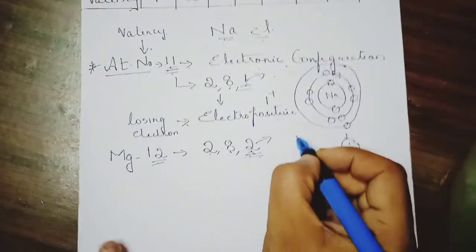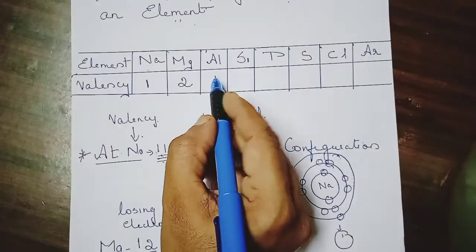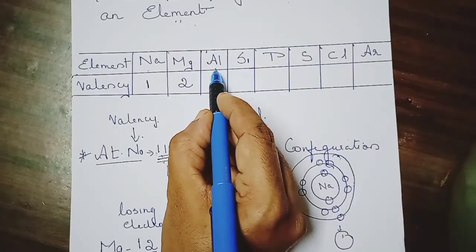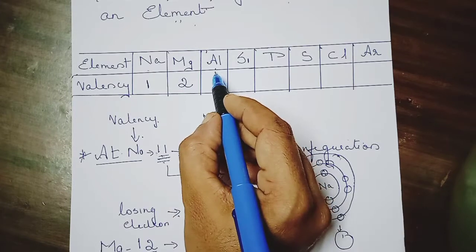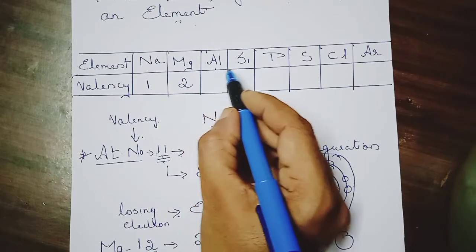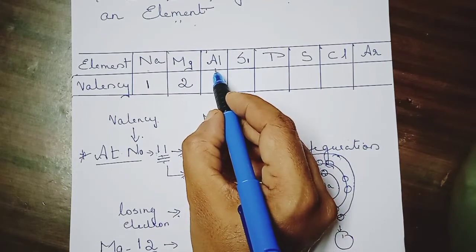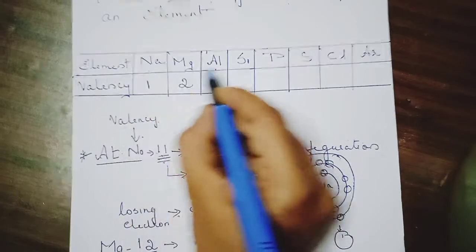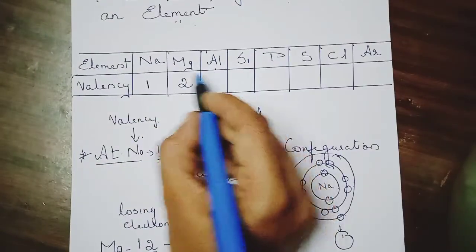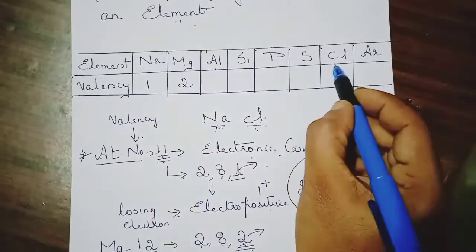Now let us take the next element, aluminum. When you are going through this class, I hope you will have a periodic table with you, so that you can go through the periods and the number of elements in the period.